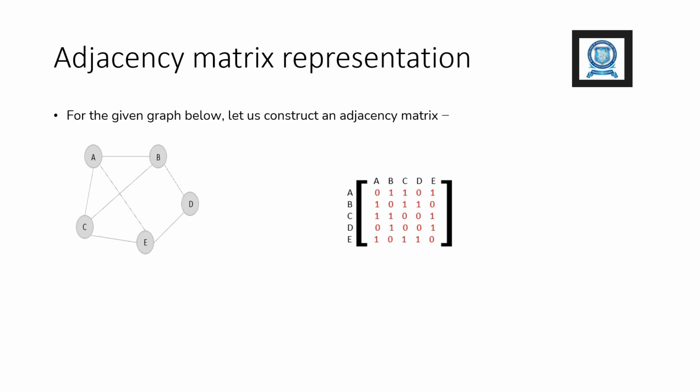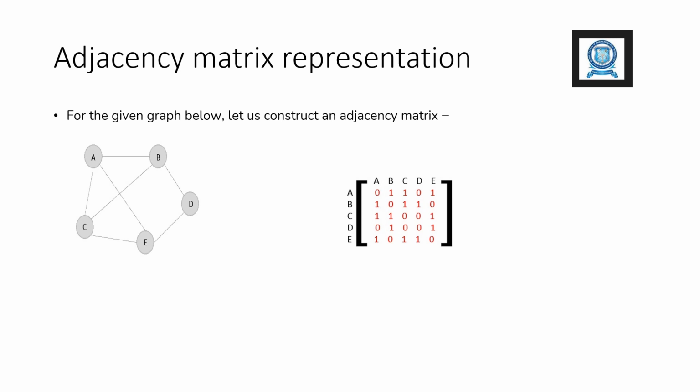Here is the example. The picture on the left side shows the graph structure and the picture on the right side shows the adjacency matrix representation of the given graph. Nodes are written column wise and row wise, A to E. There is no path from A to A, so the value is 0.